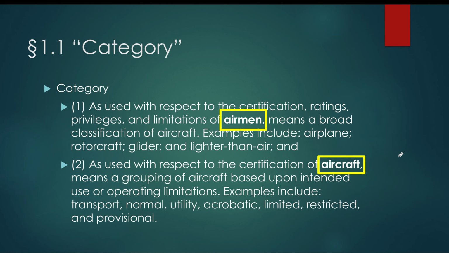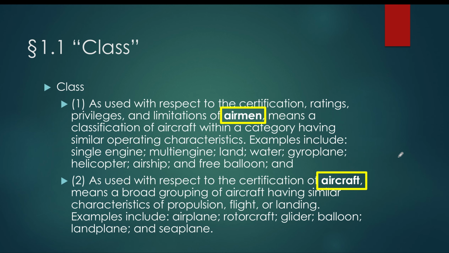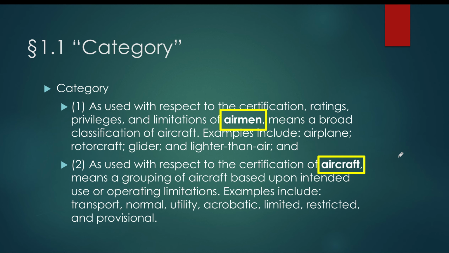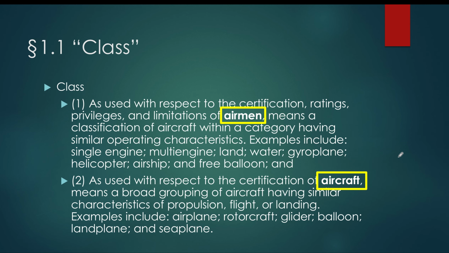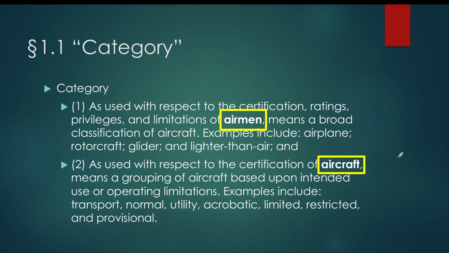So when we're talking about airmen, it'd be airplane category, single engine class. That's for the airman. When we talk about the aircraft itself, it's a normal category airplane class. Fortunately, your pilot certificate is what the airmen categories and classes are, but the aircraft themselves have normal and utility categories, which are slightly different.